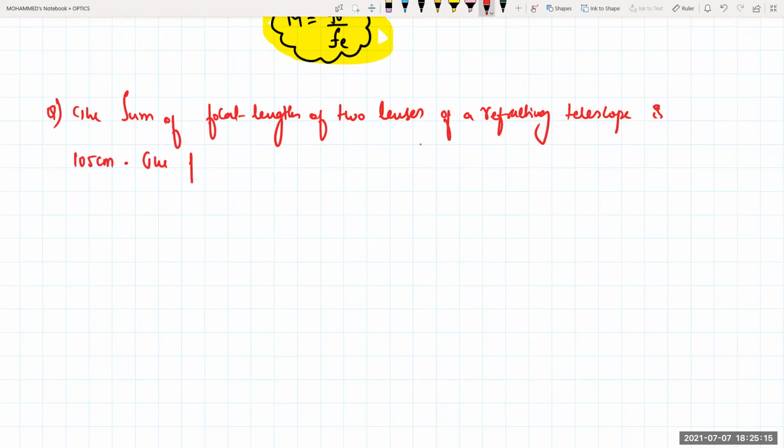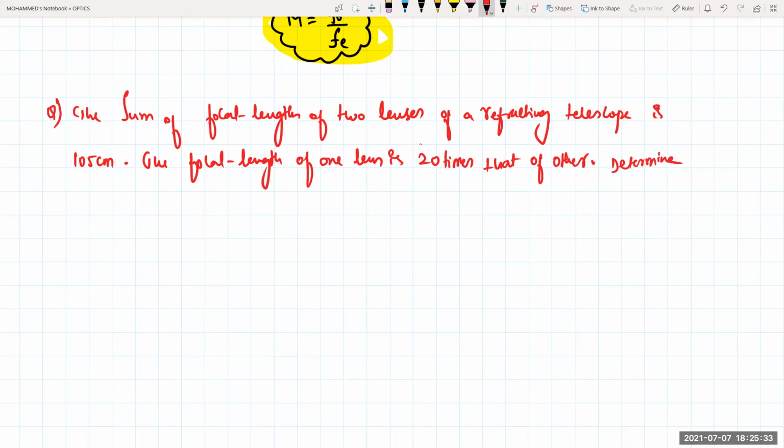The focal length of one lens is 20 times that of the other. So determine the total magnification.